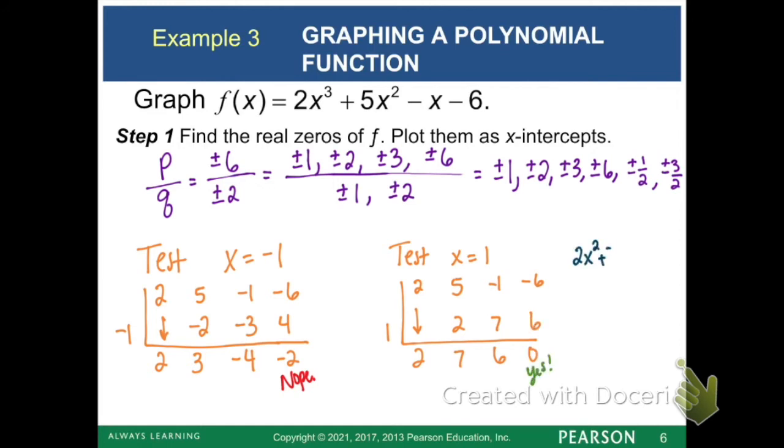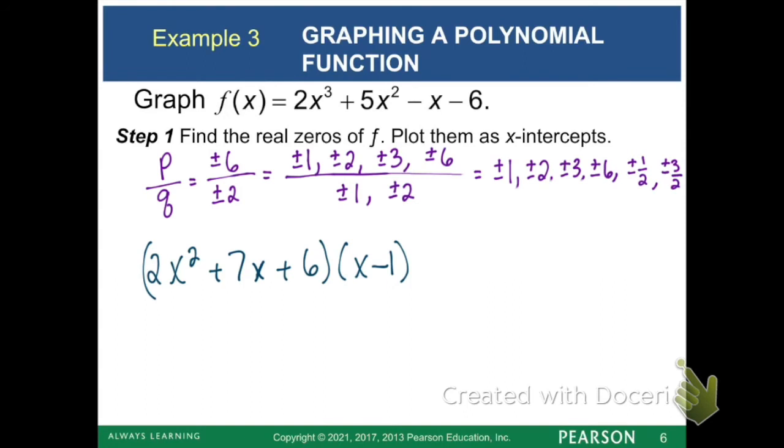And since I end up with 0, that means that x equals 1 is a 0 of my function. So now I can write my equation as 2x squared plus 7x plus 6 times x minus 1. Remember, we're changing the sign whenever we plug it into our factor.